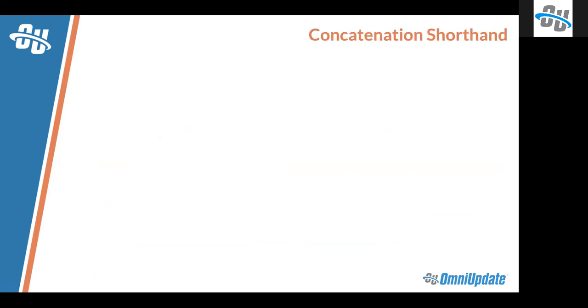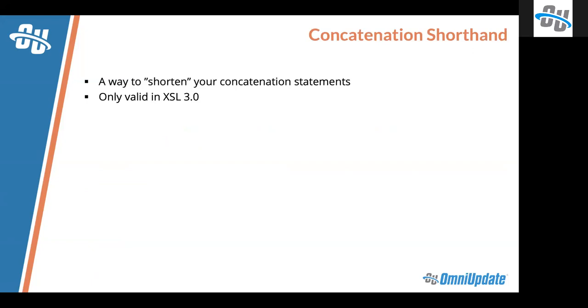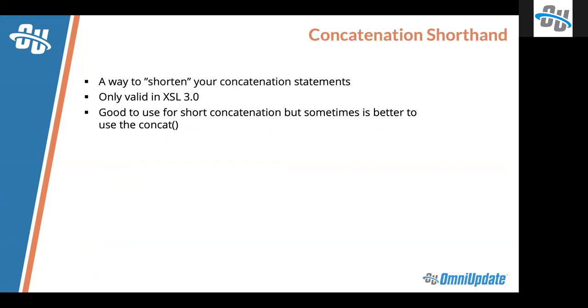All right, going on to the next item, we have the concatenation shorthand. This is very useful in a way to shorten your concatenation statements. Again, this is only valid in XSL 3.0. It's very good to use to shorten your concatenation statements, but sometimes it's actually better to use the regular concat function.